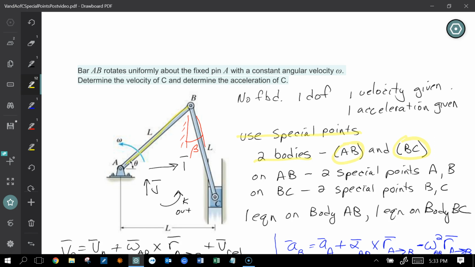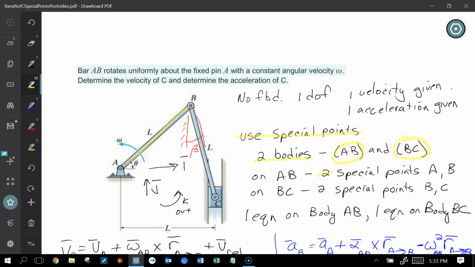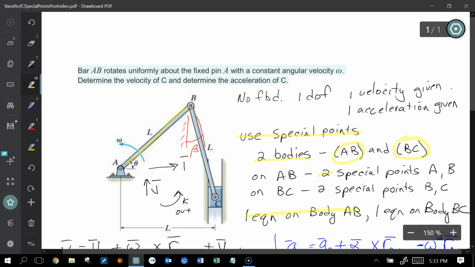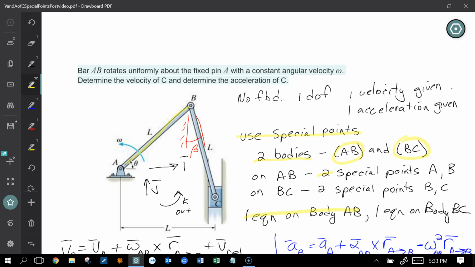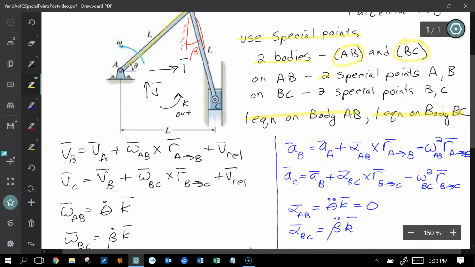One is B and one is C. Since there are 2 special points on AB, the number of special point equations I write is 2 minus 1. So I'm going to write 1 equation on body AB, and the number of special points on BC is also 2. 2 minus 1 is 1, so I'm going to write 1 equation on body BC.